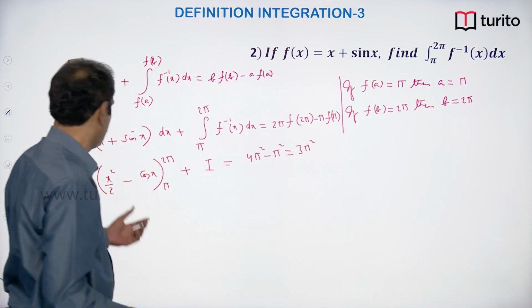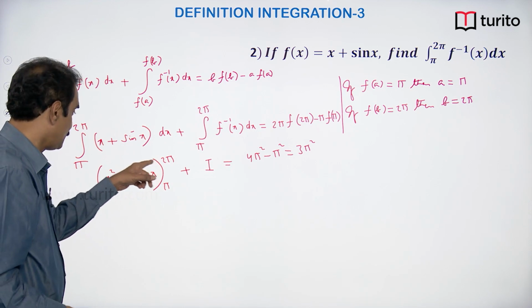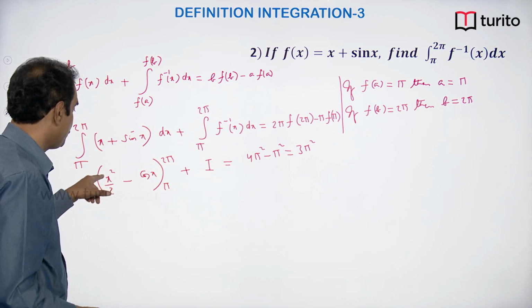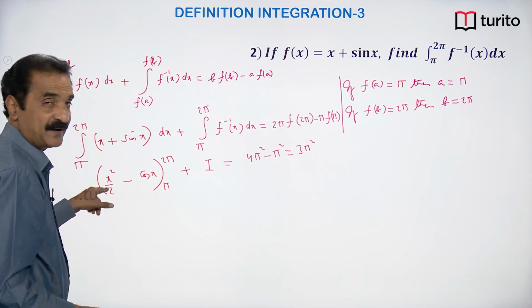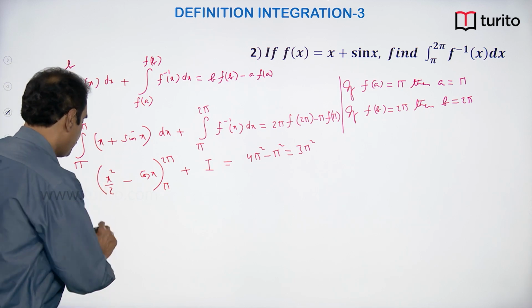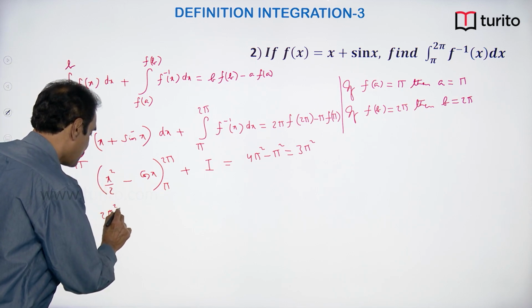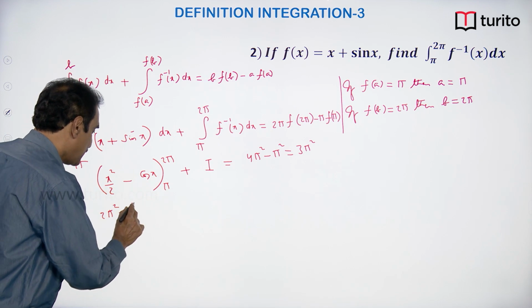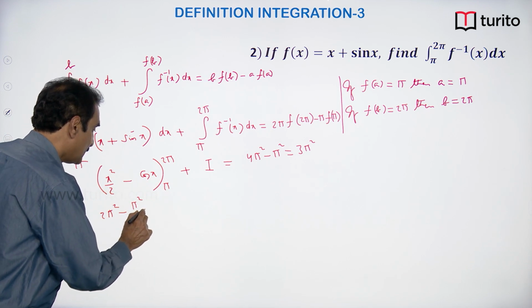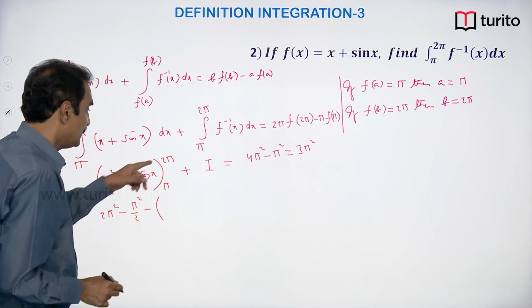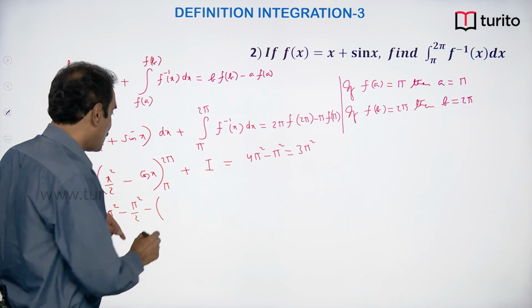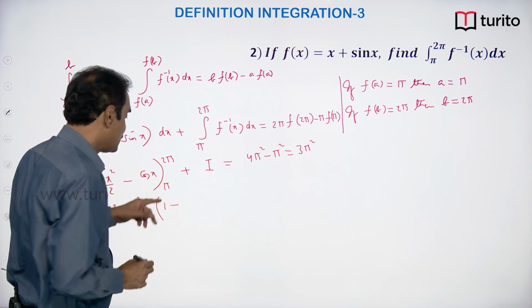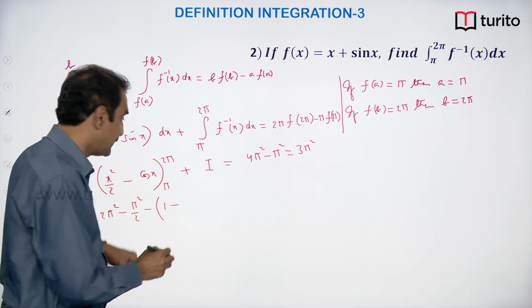That is 3 pi square. Now, substituting 2 pi and pi here, 4 pi square by 2 is 2 pi square minus pi square by 2, minus, if you substitute 2 pi in cos x, cos 2 pi is 1, minus substituting pi, cos pi is minus 1.